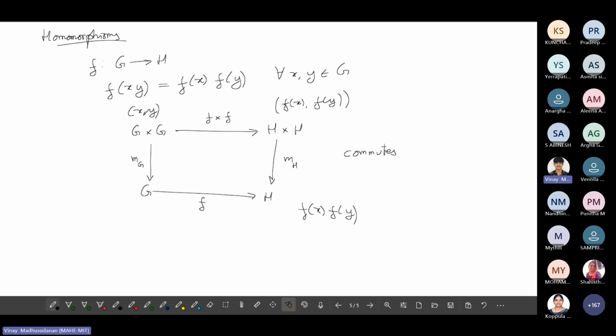It's just a product, in H. Whereas over here, this goes first of all to xy, the product in G, and this sends it to f of xy. These should be equal. That is our condition. So group homomorphism can be defined in terms of commutative diagram in this way. What does it mean for it to be an isomorphism?